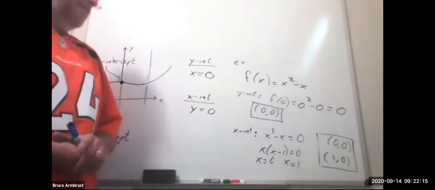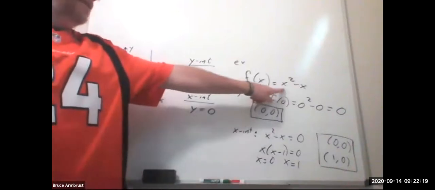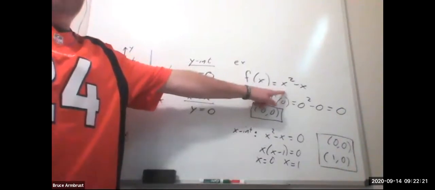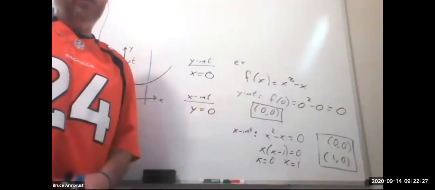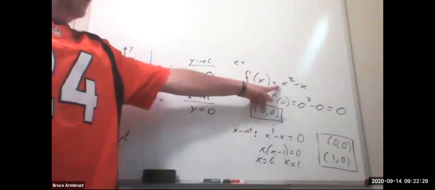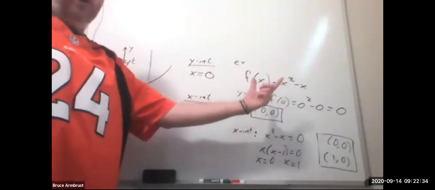But I bet a lot of you can see why that is. Anybody recognize what kind of graph this is? Parabola. Yeah, it's a parabola. It's a quadratic. It's a happy parabola, right? It's got the positive a, so it opens upward.